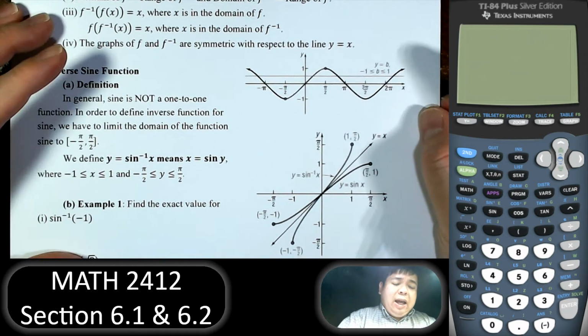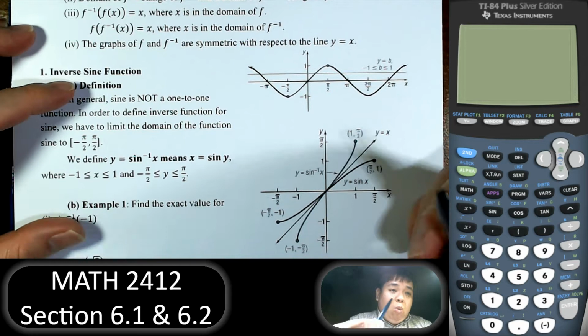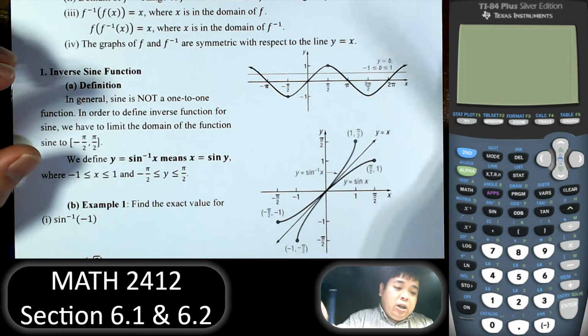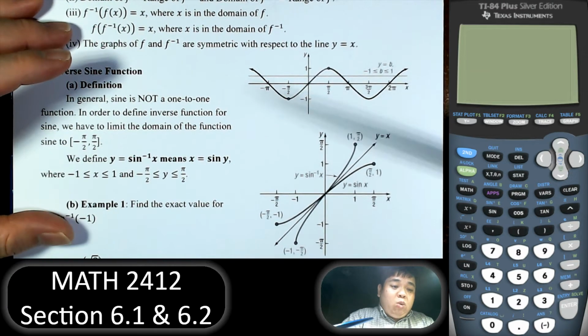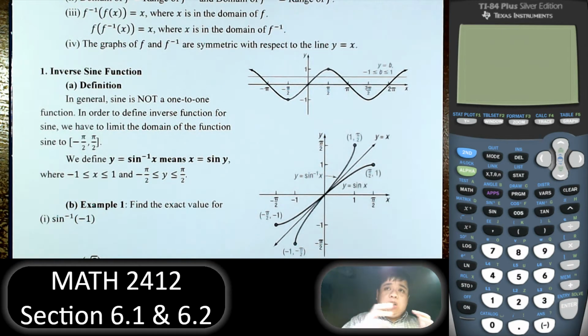Now, if it is a periodic function, it cannot be one-to-one, because if the y value is repeated for different values of x, it cannot be one-to-one. So if it is not one-to-one, it cannot have an inverse. In that case, we have to restrict the function so that we have a one-to-one function.